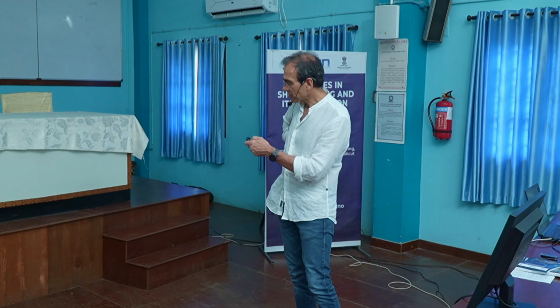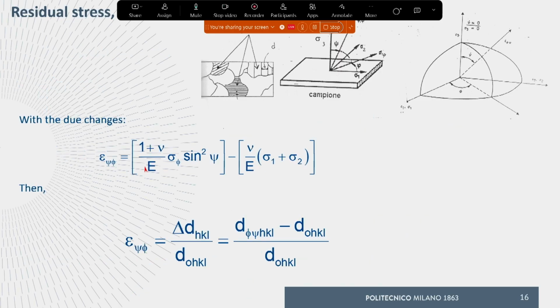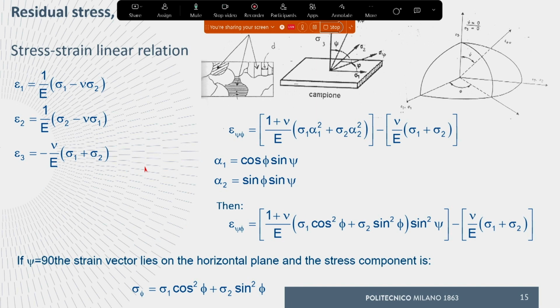Okay? And so now we have the relation between epsilon and sigma. So we can substitute this compact formula, sigma phi, into this part of the relation. And we find a much more compact version.